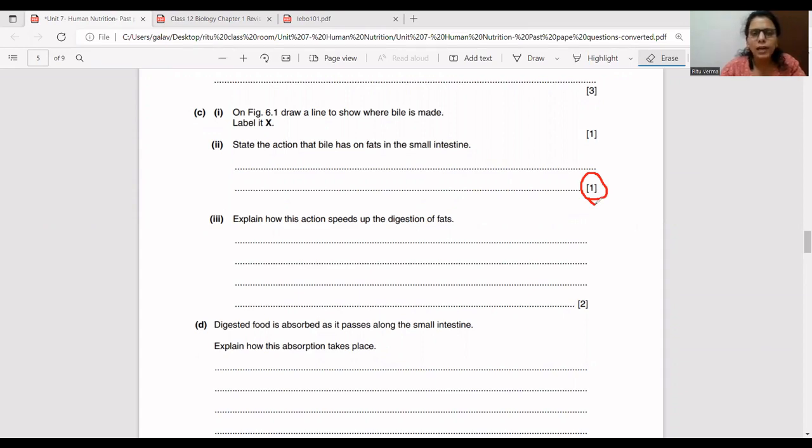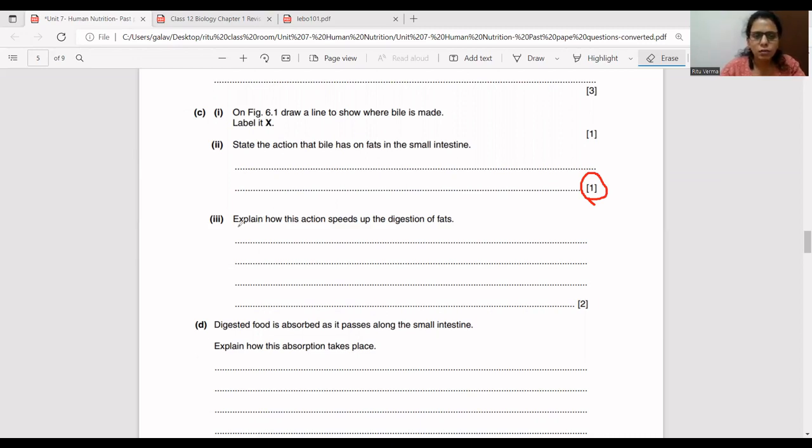Or you can write that bile helps in mechanical digestion of fat. That means it helps in breaking down larger globules of fat into smaller globules, so that it increases the surface area for digestion of fat by lipase enzyme. So here you can just write bile helps in emulsification of fat, or bile helps in breaking down larger globules of fat into smaller globules.